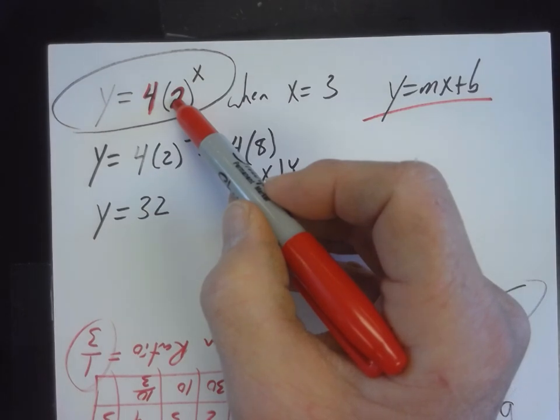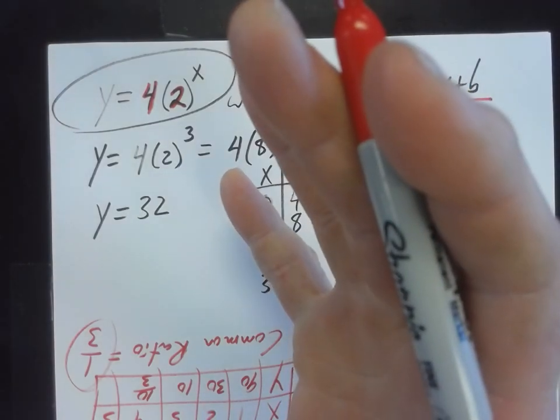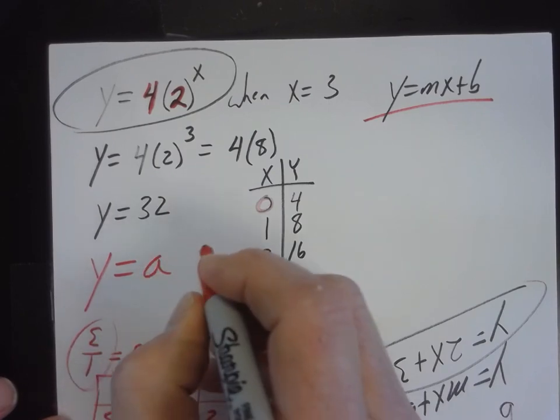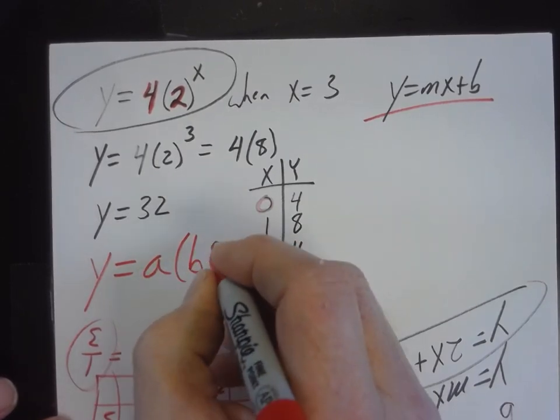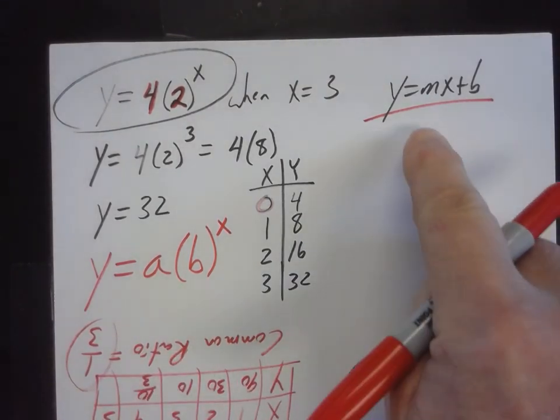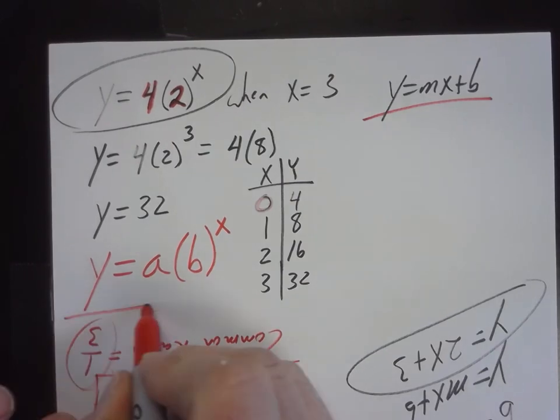We're multiplying by 2 each time. So this equation, which you want to have in your notes right now, looks like this: y equals a times b to the x. It looks a little different than y equals mx plus b, but it just gives you a framework.